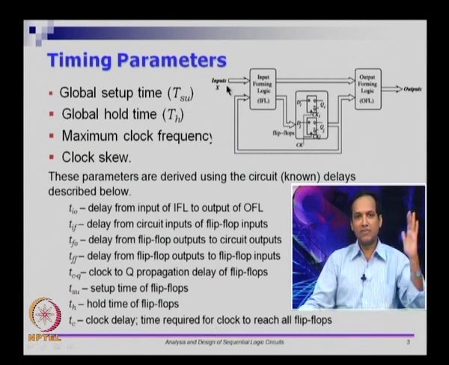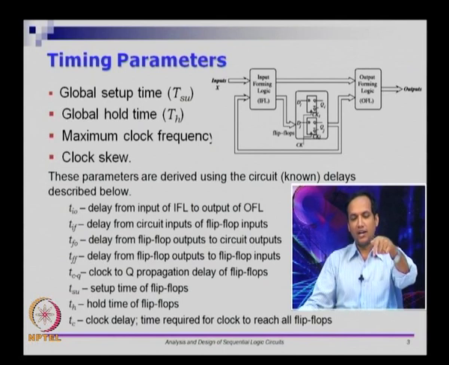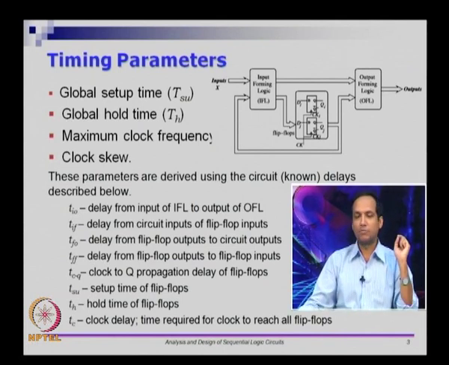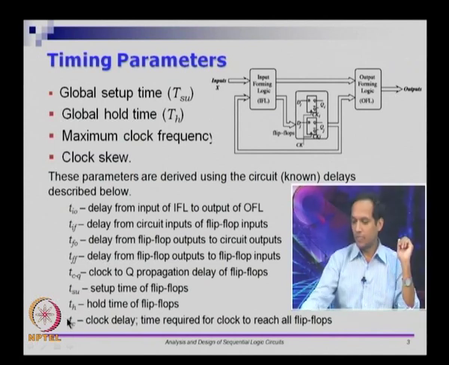There is a clock that is given as an external input to the chip, and this goes through the bus onto the chip, and at the chip it still has to travel within the chip to go and reach various flip flops, and we will call that the TC or the clock delay. So, for now just remember that we are looking at parameters: these 4 parameters are combinational delays and these 3 parameters are flip flop basic unit delays, and this is something with respect to the external world.